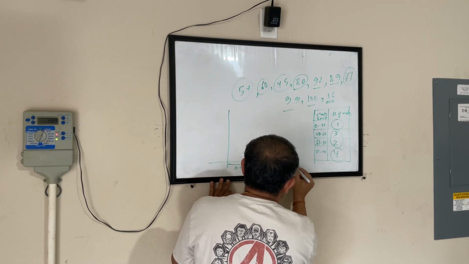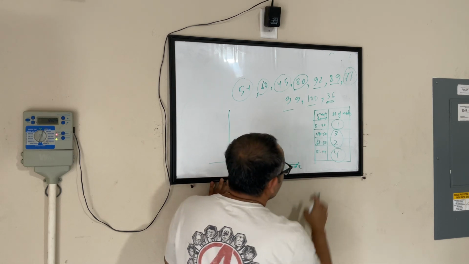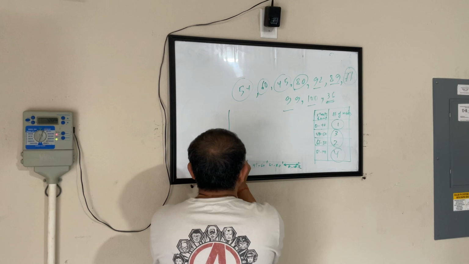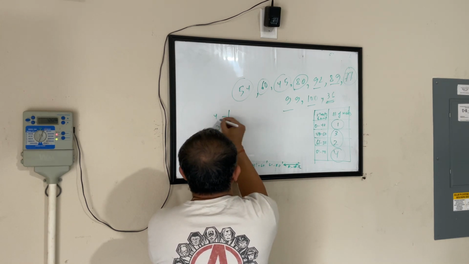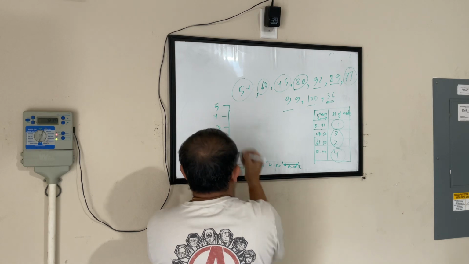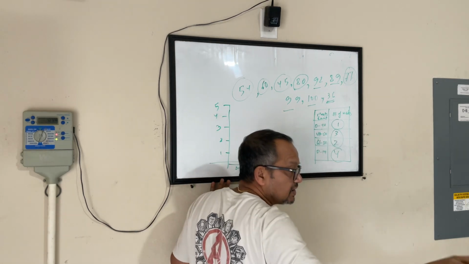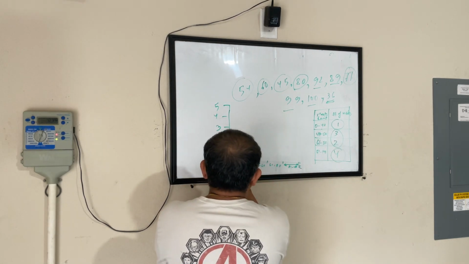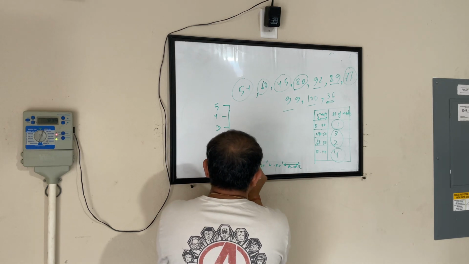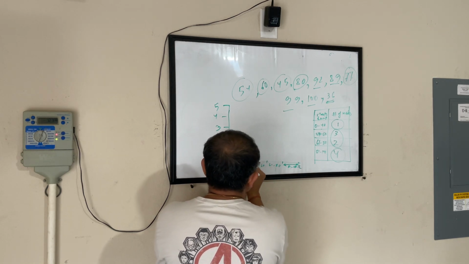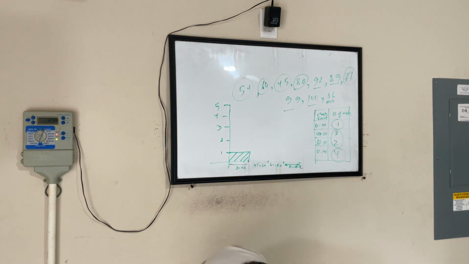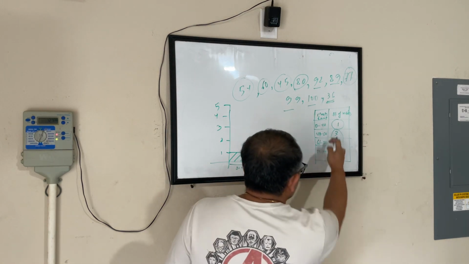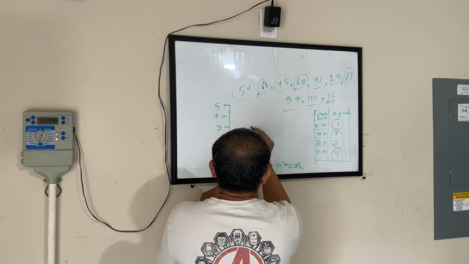So this range is 81 to 100. Now for 0 to 40, let's say this is 1, this is 2, this is 3, this is 4, this is 5. For 0 to 40, we had only one child, a fortunate one like me, who did not study well. Now 41 to 60, there were 3 kids. So till 3.